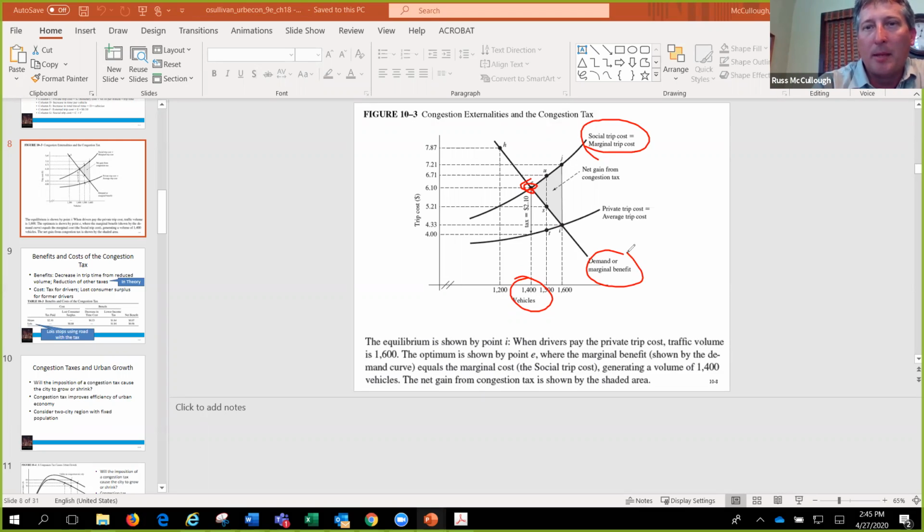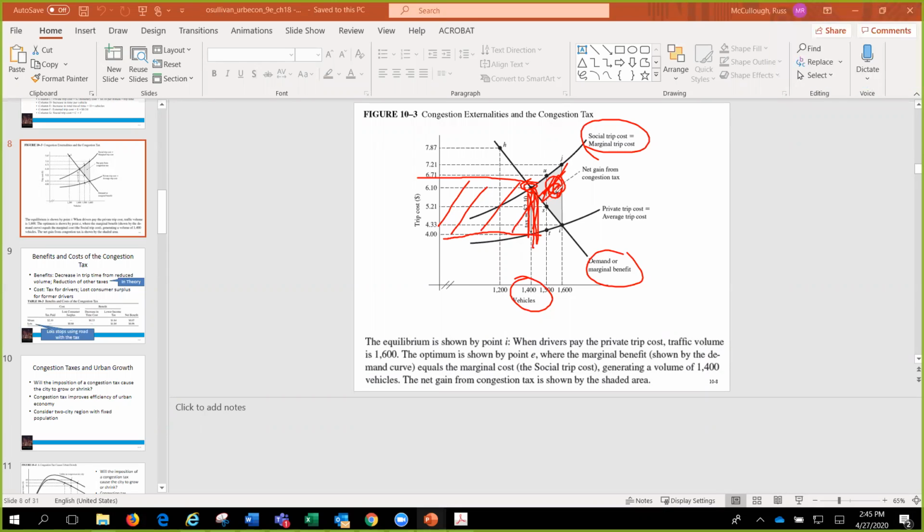And so by implementing the toll tax, we get to that amount of traffic. Now the government's collecting some tax revenue equal to that. What they're doing with the tax revenue and other things, that's where a more general equilibrium analysis would lead to something different. But in general, we got rid of the deadweight loss by implementing the tax, according to the model. Okay. Thank you.